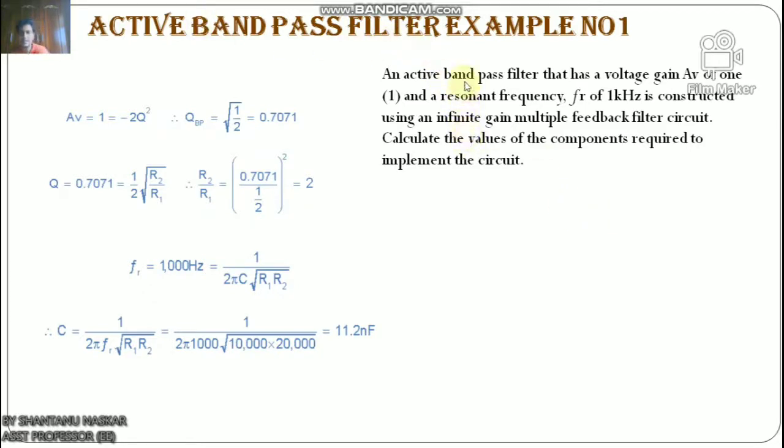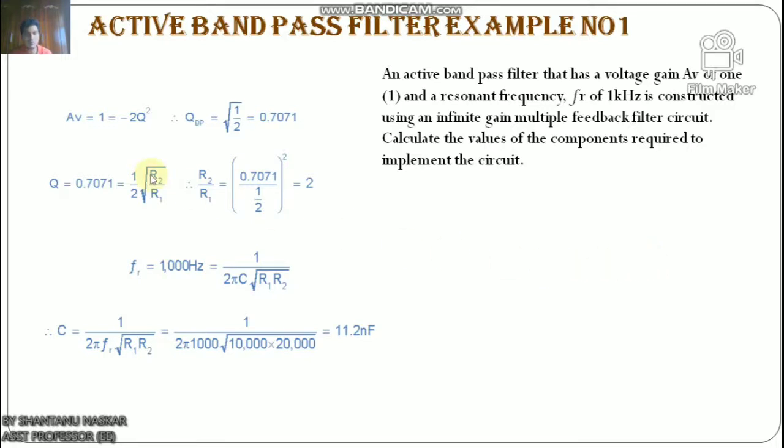Look here, an active band pass filter that has a voltage gain of 1 and a resonant frequency FR of 1 kHz is constructed using an infinite gain multiple feedback filter circuit. Calculate the values of the components required to implement the circuit. Firstly, we can determine the values of the two resistors R1 and R2 required for the active filter, using the gain of the circuit to find Q as follows.